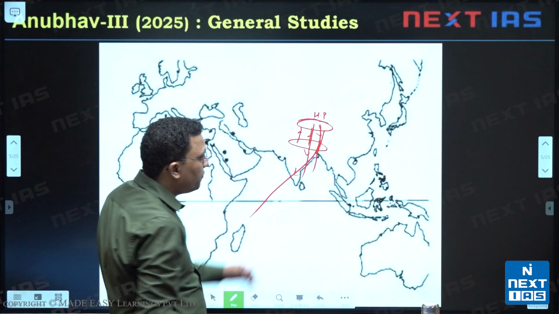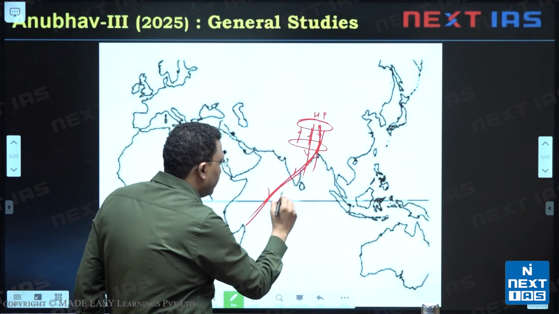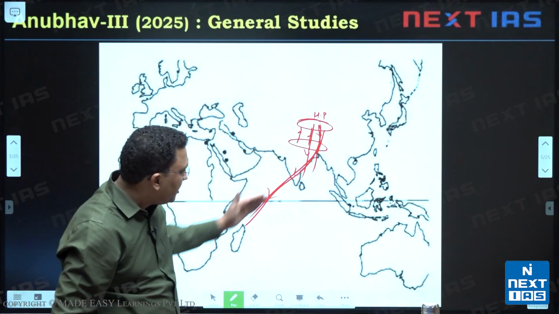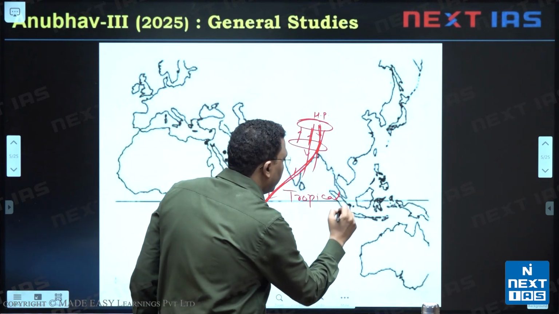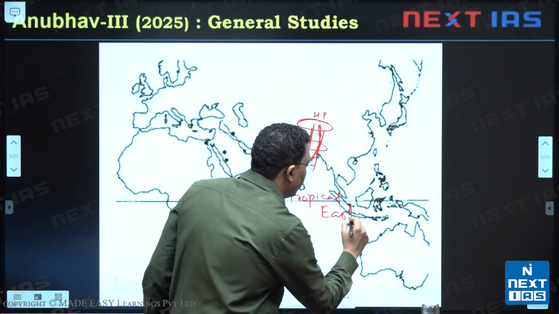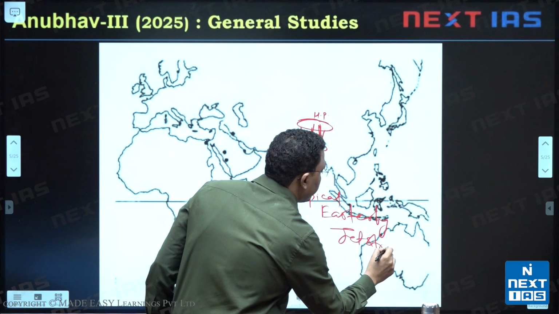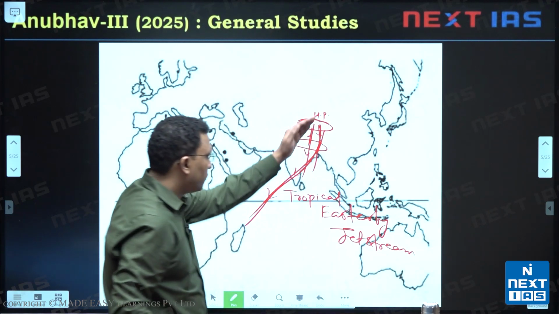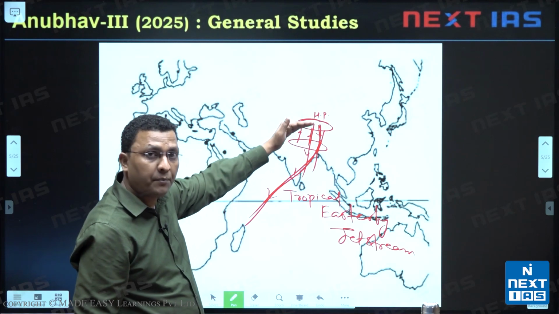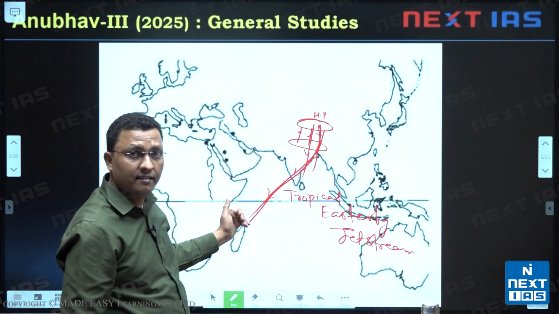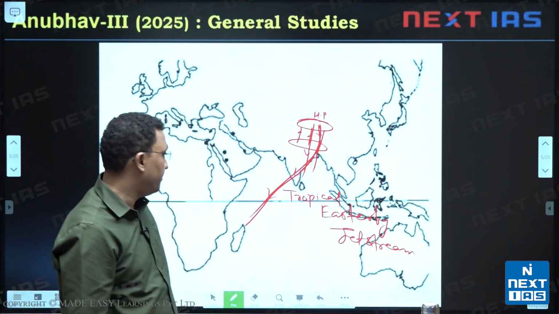So it does not move in a straight line, rather in a curvilinear path, and this is what is known as the tropical easterly jet stream. So this air which is moving from the Tibetan Plateau in the upper atmosphere towards the Indian Ocean region is what is known as the tropical easterly jet stream.